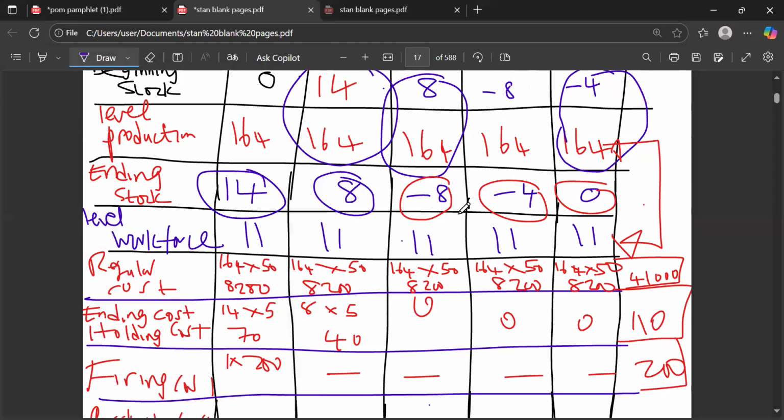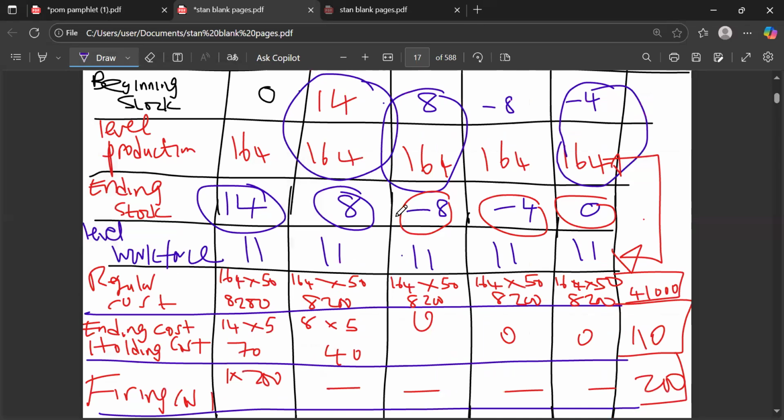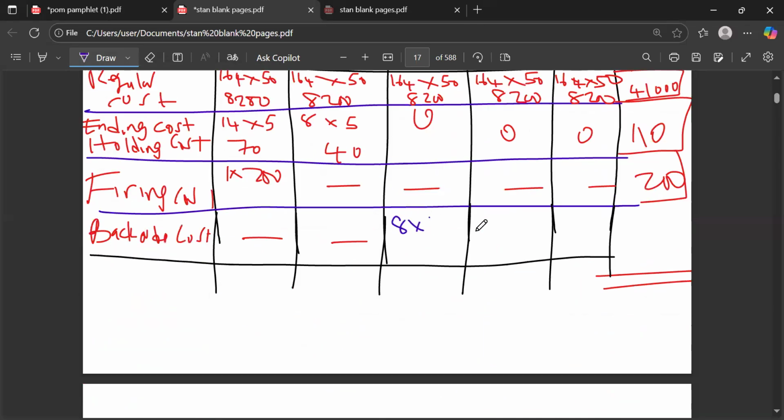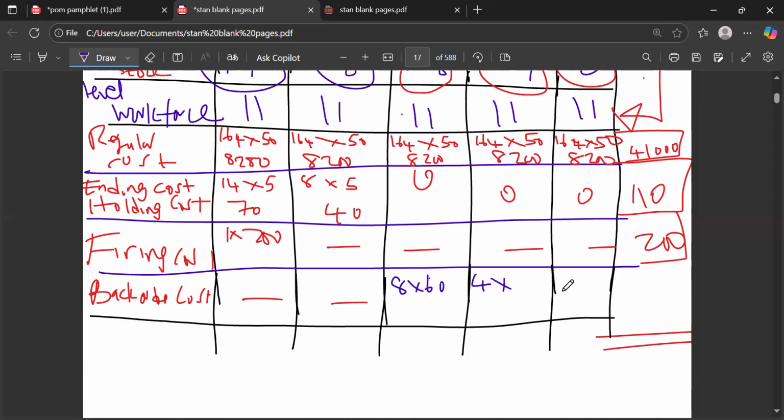In period 3, which is 8 units, 8 times 60, and 4 times 60. So what is 8 times 60? 480. Then the other is 4 times 60, which is 240. So that gives us 720.